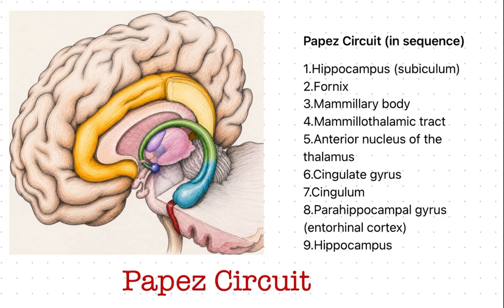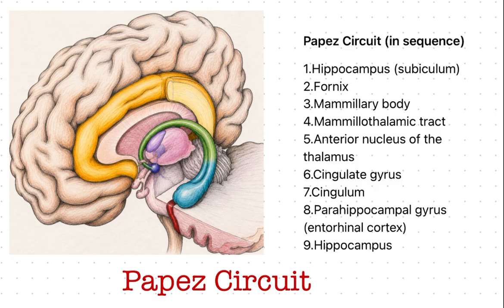And in the examination, sometimes it is asked: what is the main output tract of the hippocampus? Then the answer would be the fornix.